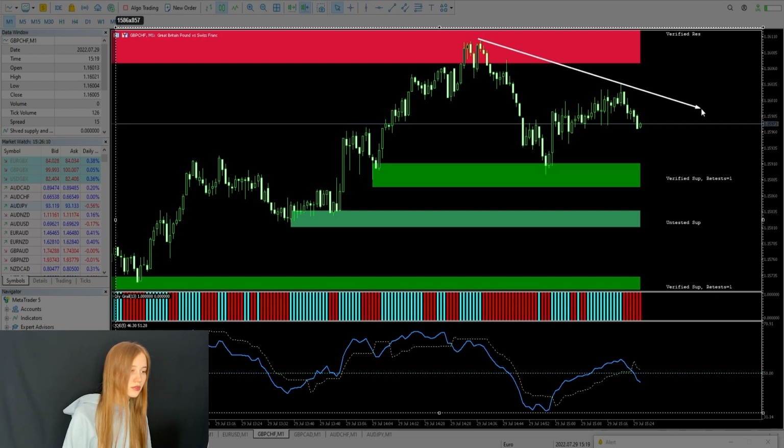This goes down. This area is crossed down. All indicators are also red, down. An easy entry.